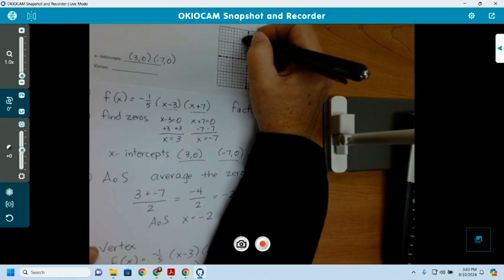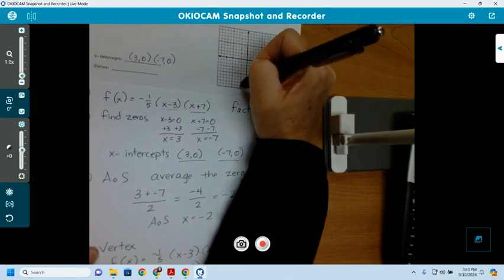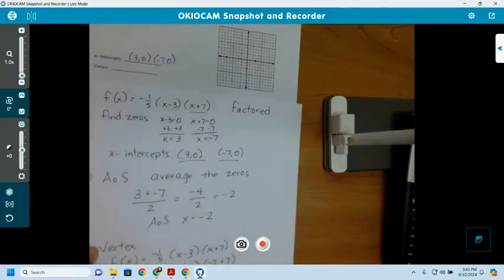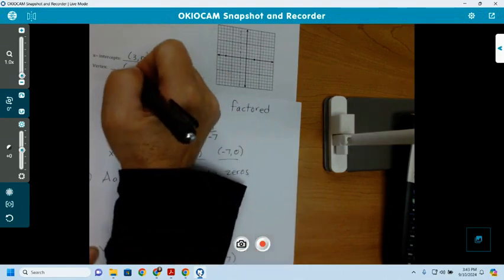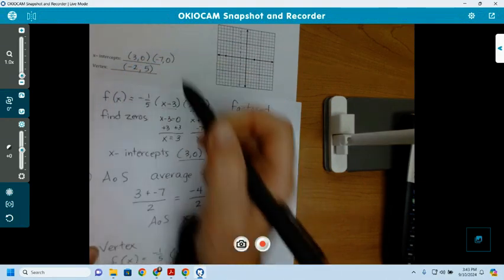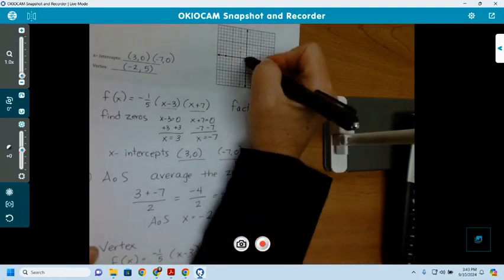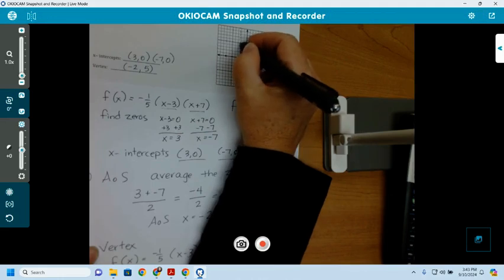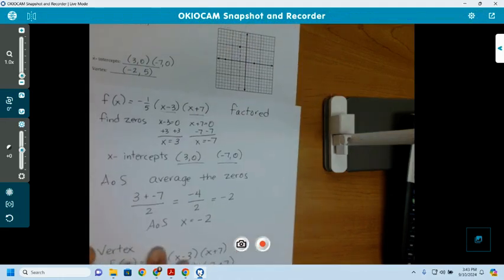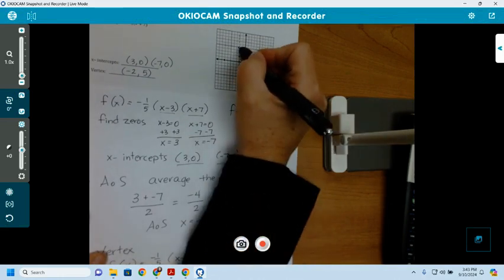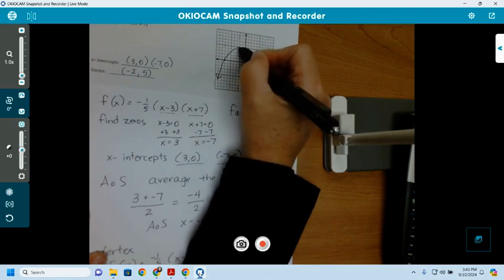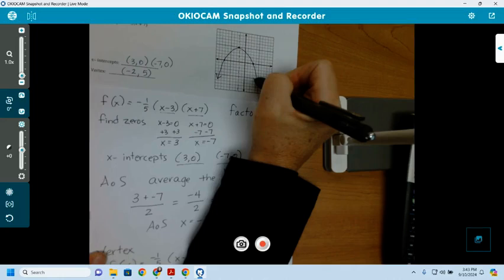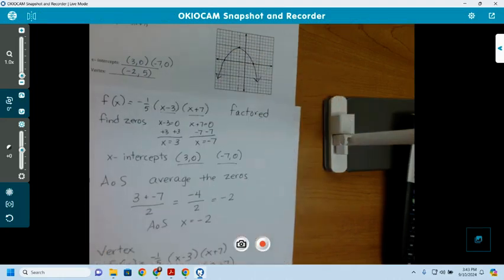Just put our dotted line for the axis of symmetry. And we can plot our vertex, which is minus 2, 5. So our vertex is minus 2 and 5. 1, 2, 3, 4, 5. Now that we have 3 points, we can make our graph. This comes down this way, and this comes down that way. Perfect.